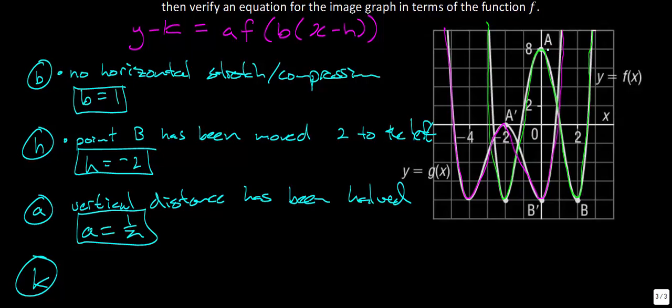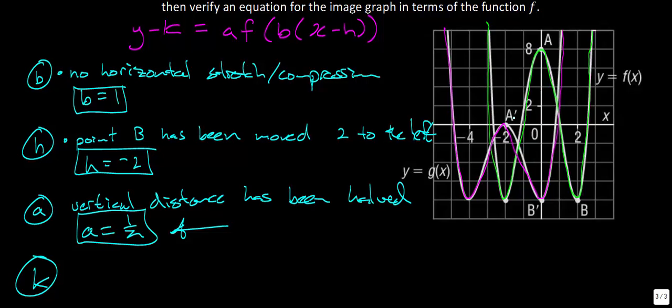Okay. So finally, if we focus on k, what you can simply see is that the difference between a and a prime is that the value of our a has been halved, and then it's now 4 units down after that has happened. So if you were to take this 8 value and halve it, you get to a value of 4, because remember we knew that our a value is equal to 1/2, and then we'd still have to go down 4 to get to that a prime.